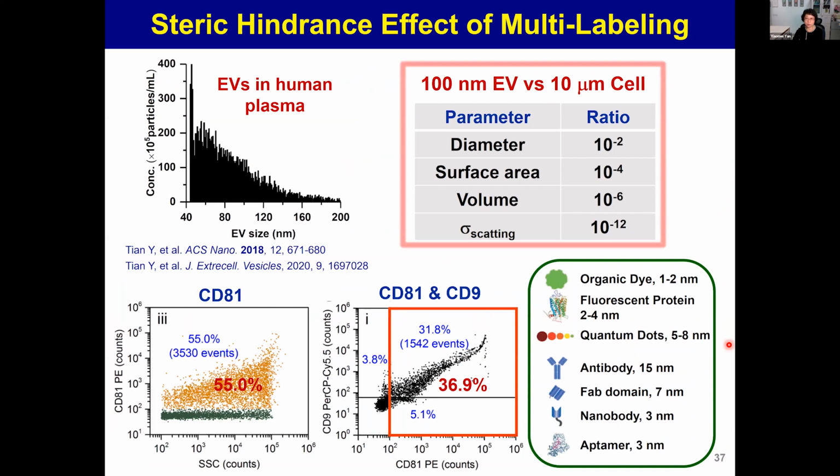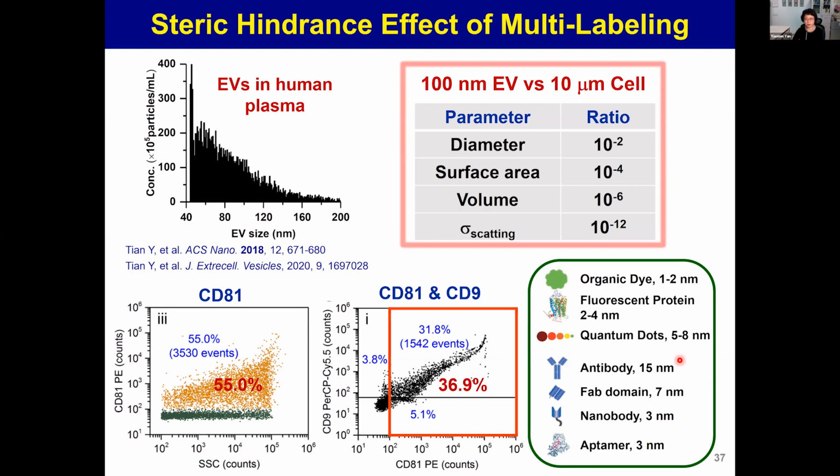And also we need to be aware that some people are interested in multi-protein labeling for a single EV. Compared to a 10 micron size cell, for a 100 nanometer EV, the surface area and the volume have this much reduction. And also, the antibody is big, about 50 nanometers, and phycoerythrin is also very large.